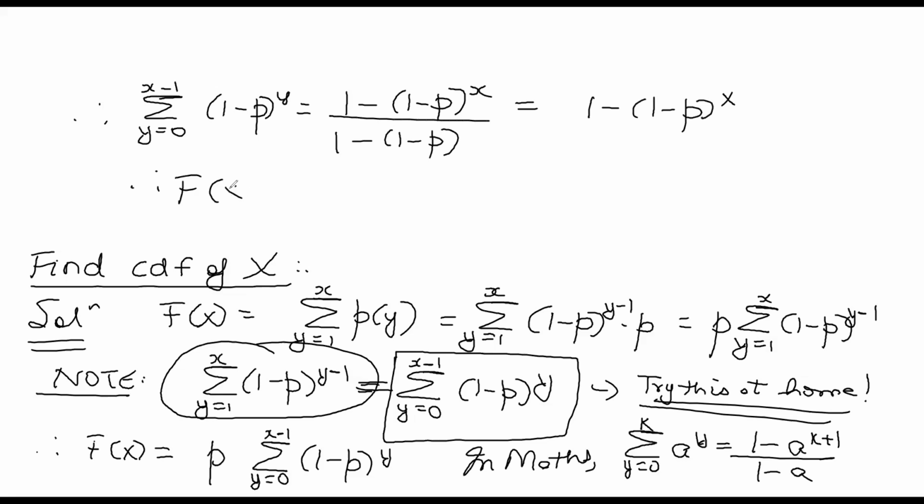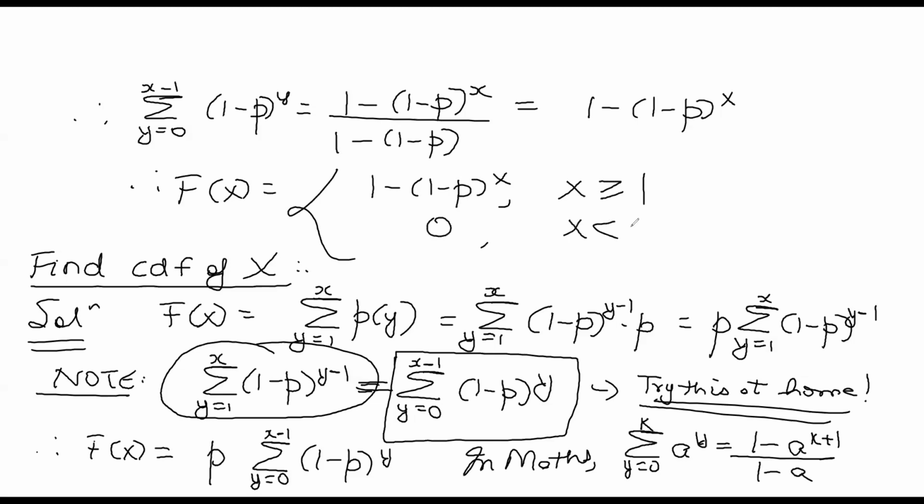So my answer is this. It will take the value 1 minus (1 minus p) to the power x if x is greater than or equal to 1 and 0 if x is less than 1.